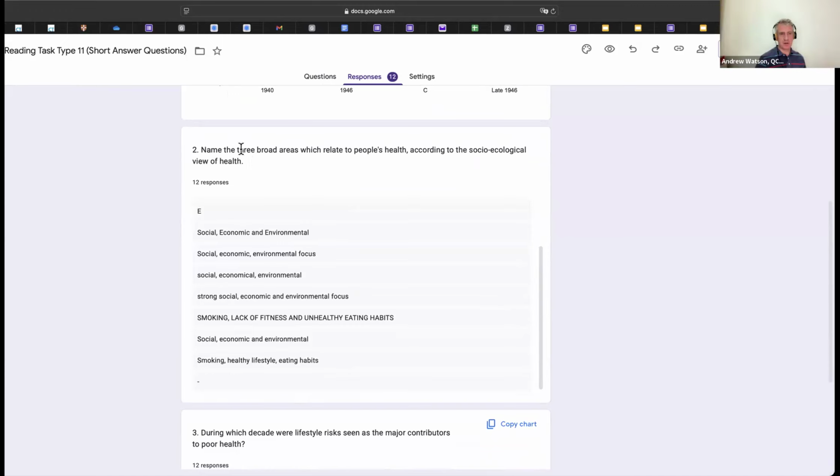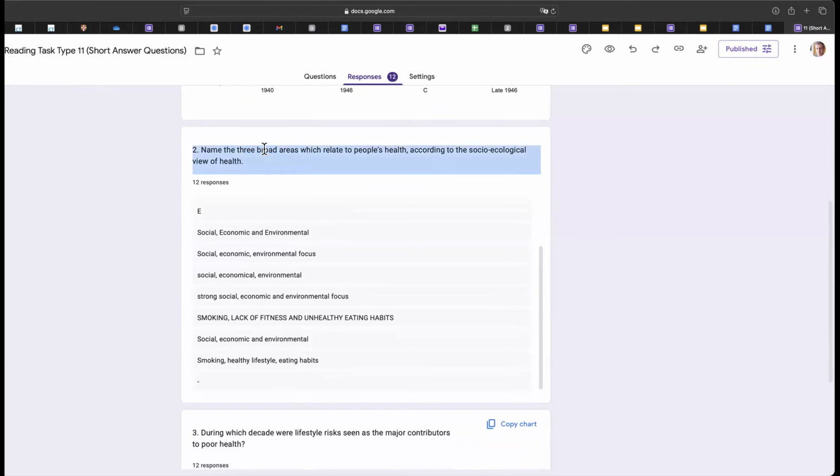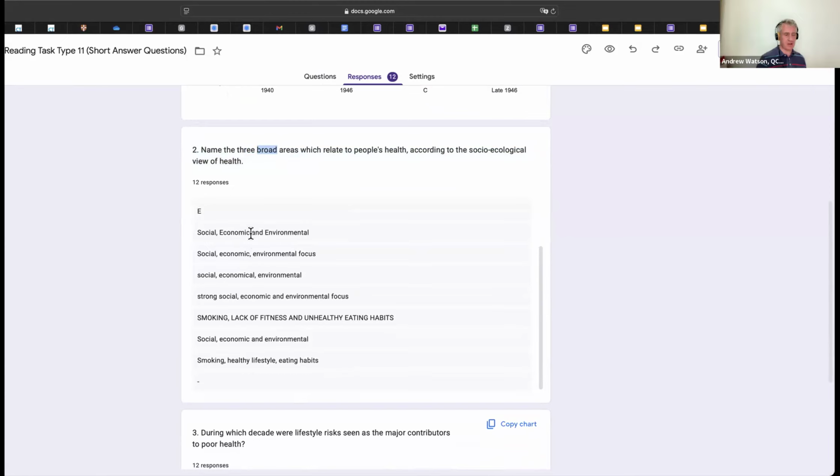Yeah, it would be, because it's 3 broad areas. Okay, so it means the 'and' doesn't work as well. Well, I think you're allowed to use 'and', but you would not be allowed to have four things.